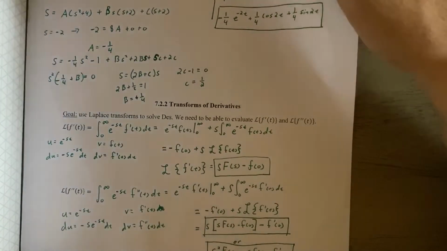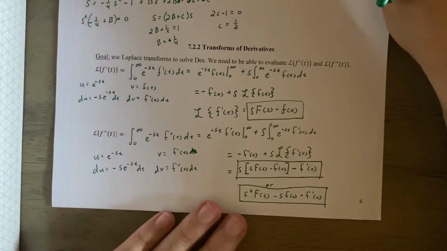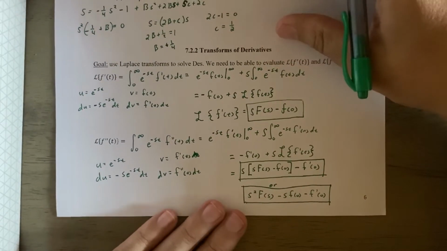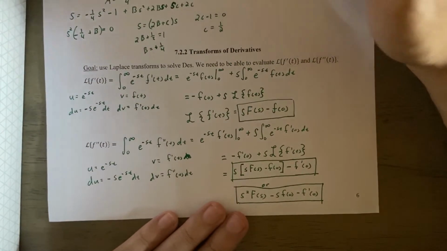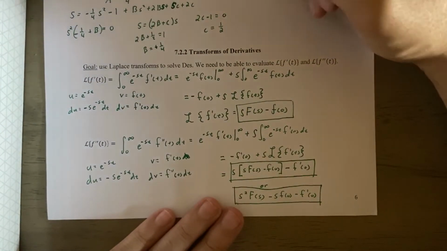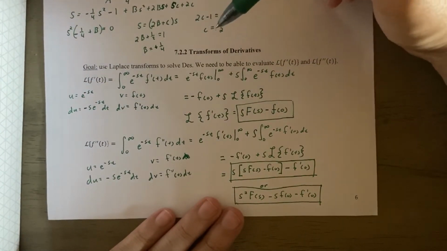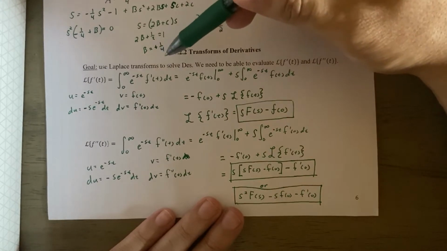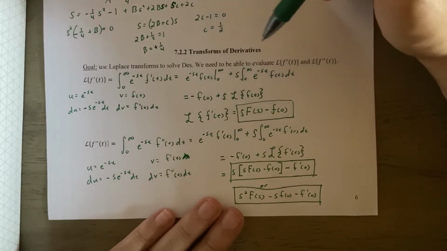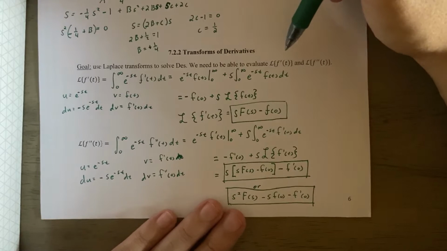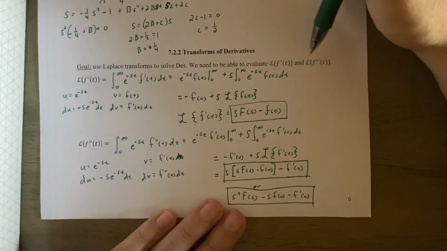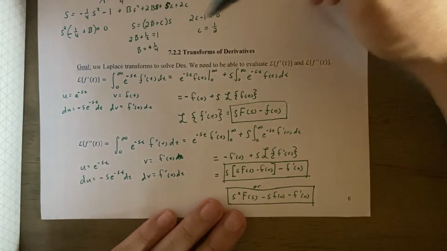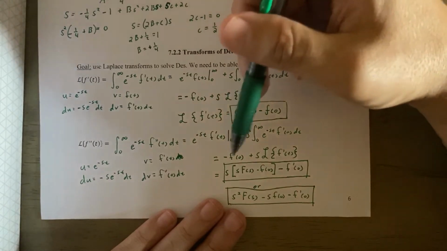All right, now, the last thing is transform of derivatives. What we want to do here is basically write out what all the Laplace transforms would be for derivatives, so that if I have the Laplace transform of a derivative or the second derivative, I'm able to go right straight to these solutions.